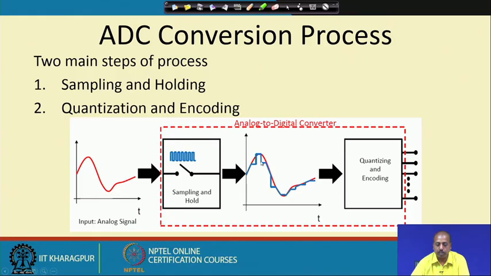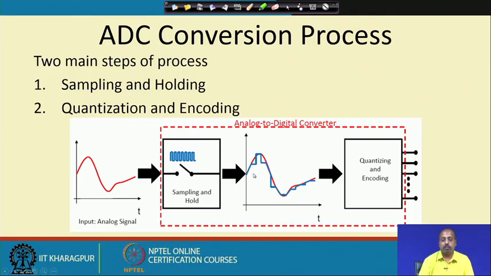Again it is closed from this point, so you do not get this red part, and again you get it from this portion. Whenever the switching gate is closed, you get the analog signal fragment available at this output point, and whenever it is open, you do not get it.